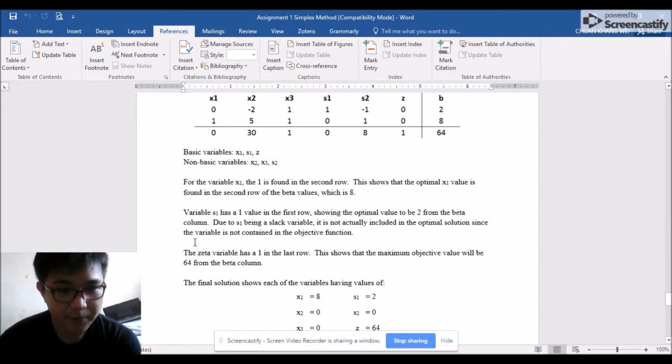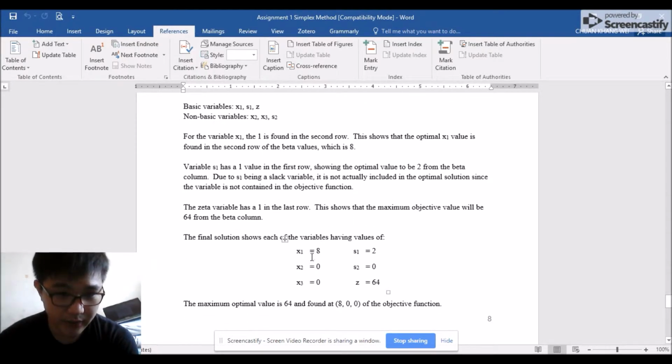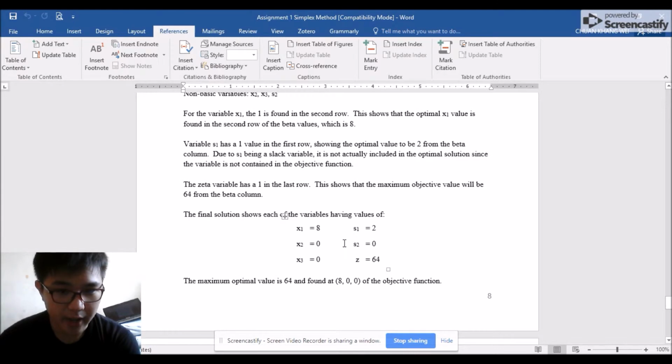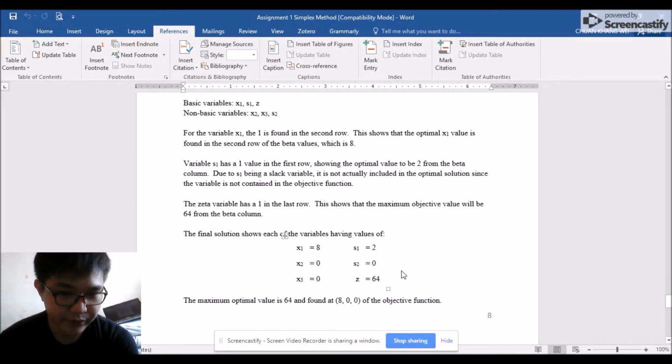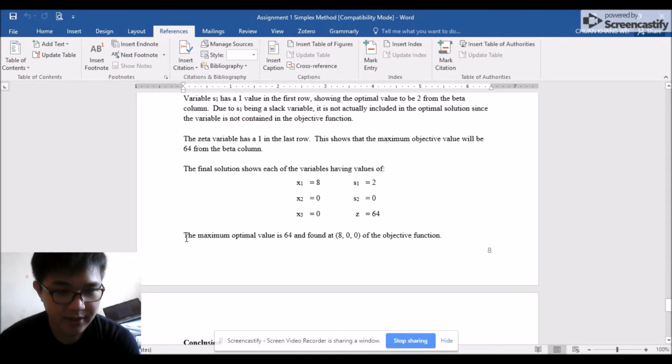So after we determine the basic and non-basic variables, we can find the solution where x1 equals 8, s1 equals 2, z equals 64, and the others are equal to 0. In this case, we can conclude that the maximum optimal value is 64, found at the optimal point of the objective function.